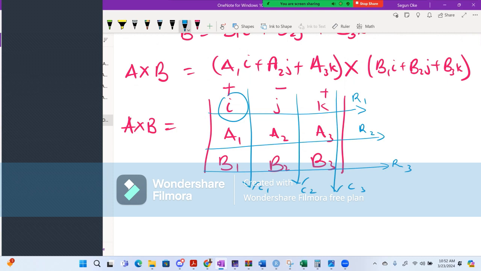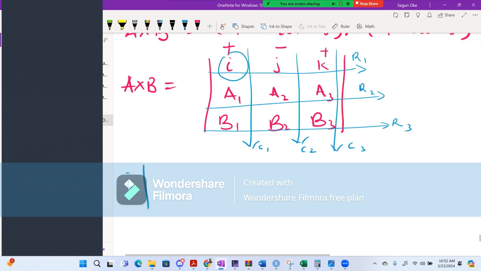So let's look at the i now. We want to solve the i. The first row, in this case, will be paralyzed: everything in row 1 will be paralyzed, and column 1 will also be paralyzed. So tell me, what are the things that remain?